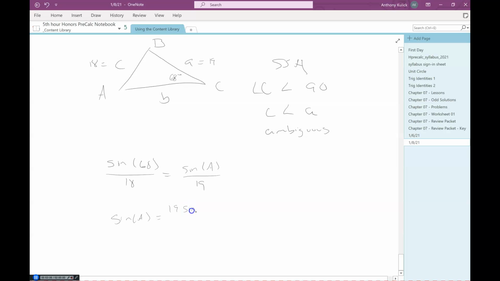And then sine A, when we cross multiply and divide, gives me 19 sine 68 divided by 18. And that number is 0.979, excuse me. Since that's less than 1, that's my indicator that I'm getting 2 triangles.